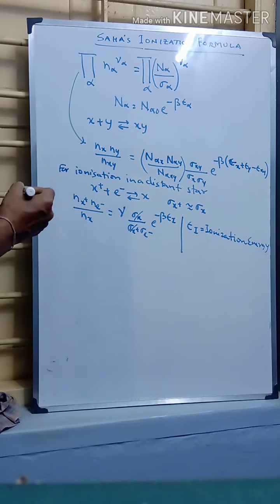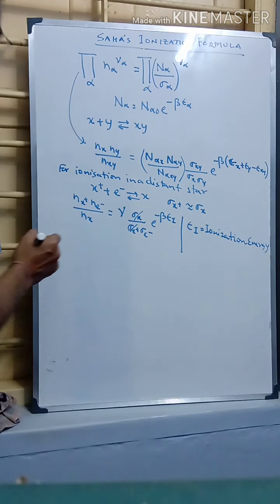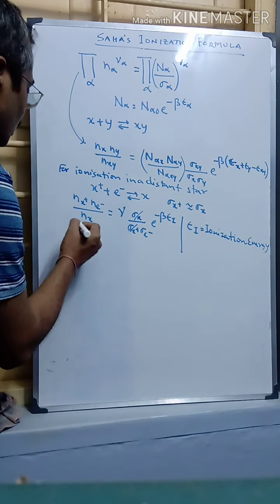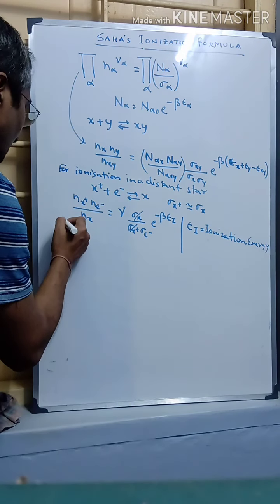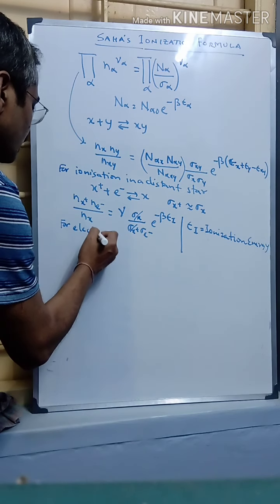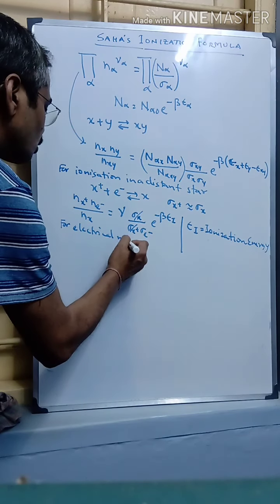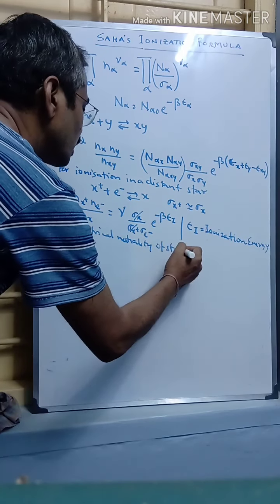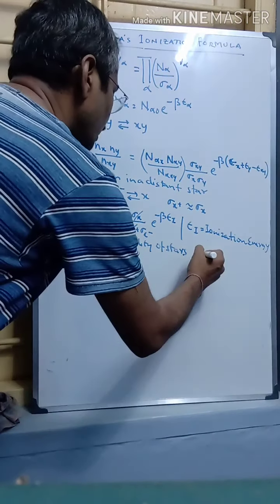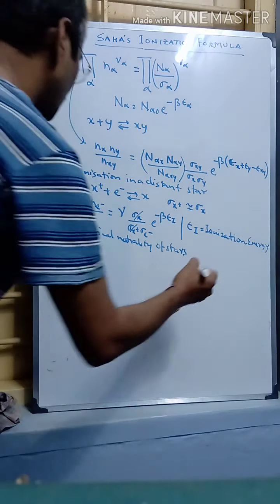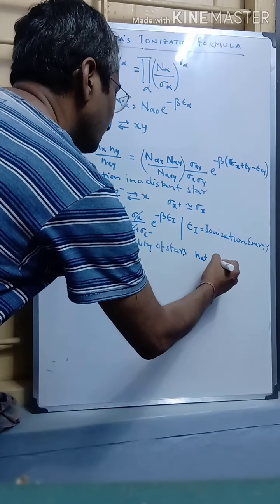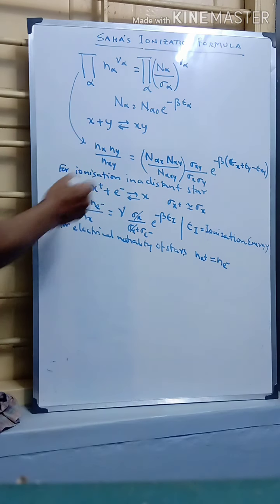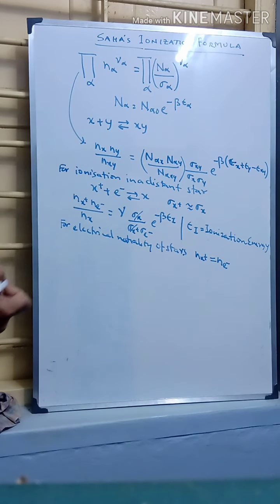There is another thing to be remembered, which is as follows: for electrical neutrality of the stars, we can write that the concentration of the ionic species x plus is equal to n e minus, the concentration of the electron, because each ion is going to give us one electron.